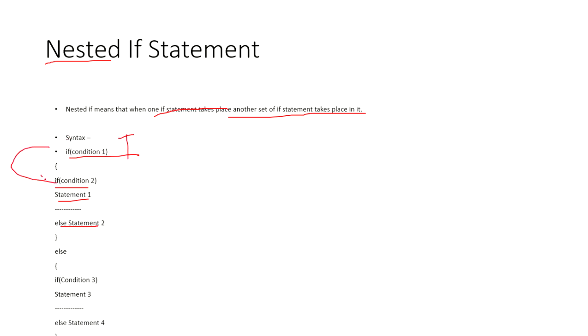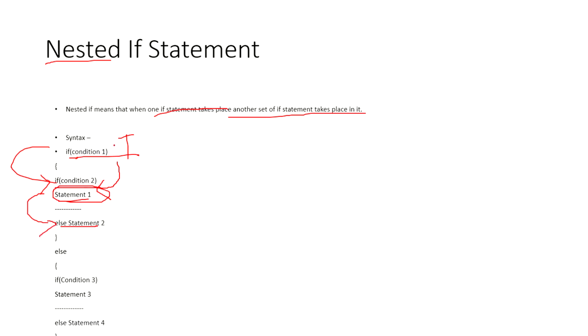If condition 1 is true, it checks condition 2. Did you get it? If the first condition is true, it directly goes to this bracket and checks whether condition 2 is true. If condition 2 is true, it prints statement 1. If condition 2 is false, it prints statement 2.